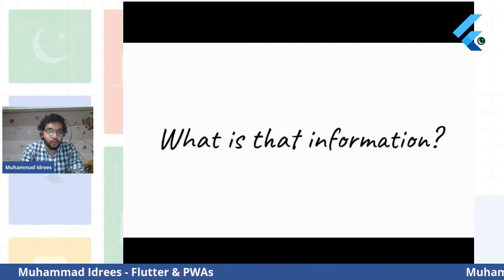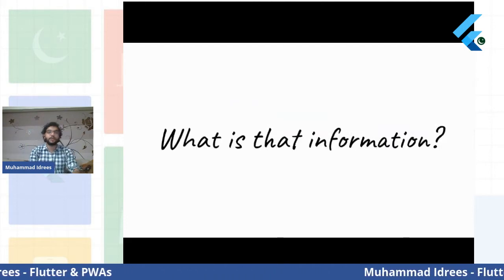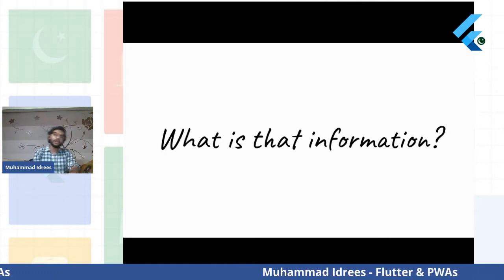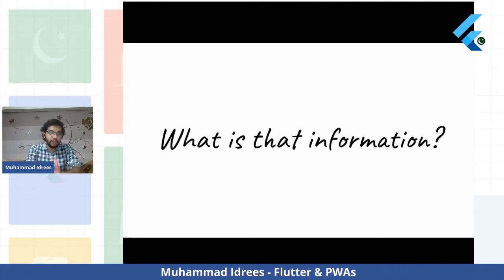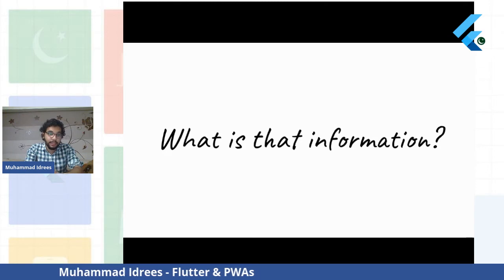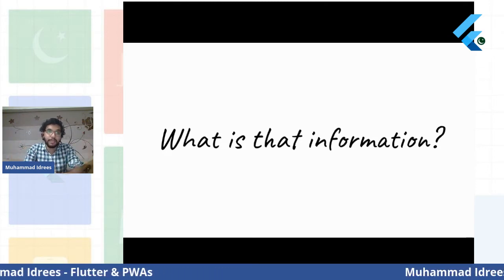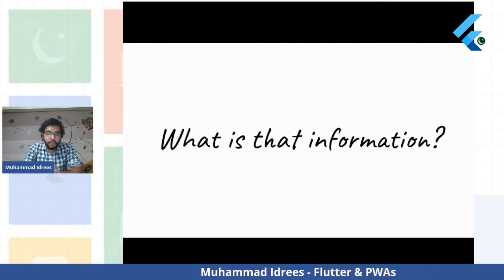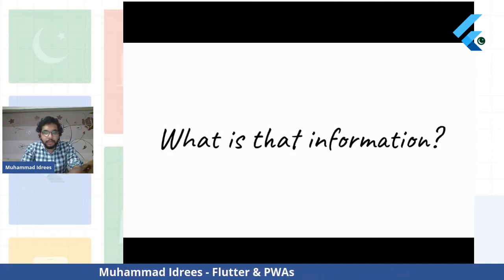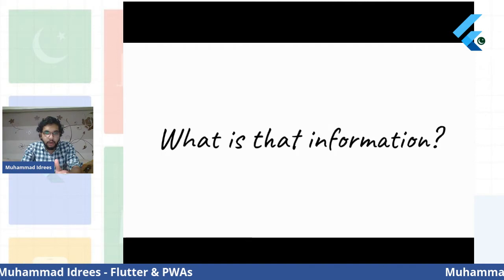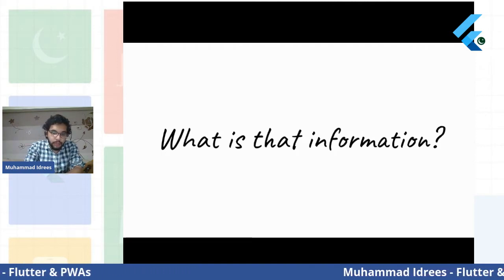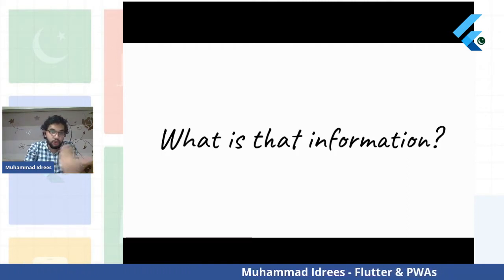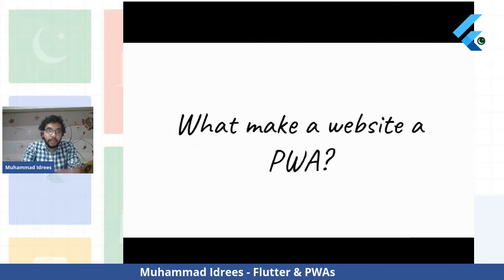So what is that information? Up till now, we have reached the point where we know where the idea of PWA comes from, and what a PWA is. Hopefully you know that. But still, what information does the browser need to display it as a PWA?